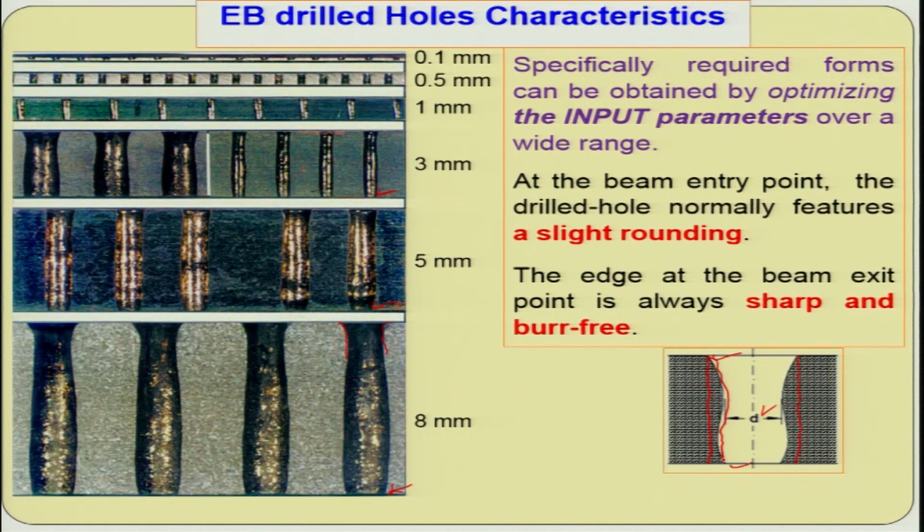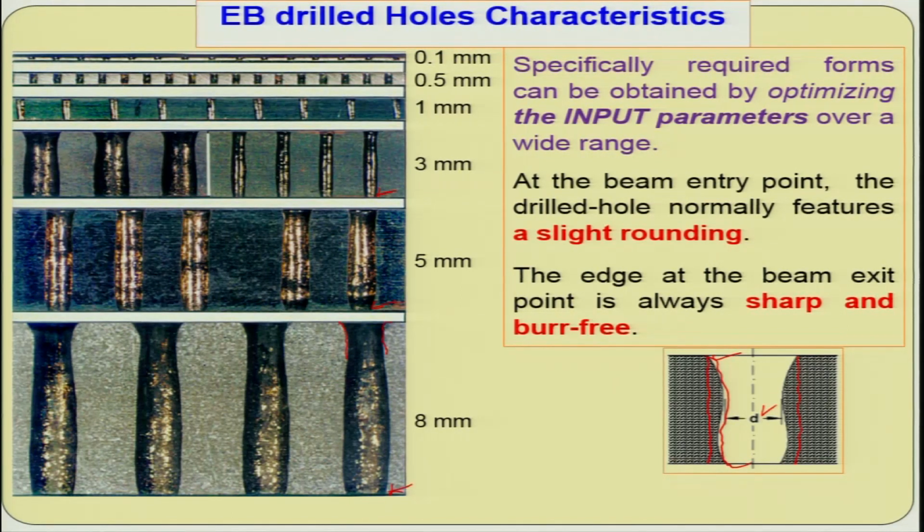You have to be very careful, because you are talking about a micro size hole. You may not realize it by the naked eye, but when you take a zoomed view of the cut section of the hole, you will realize that it is not really a straight sided hole, rather it is a curved hole.